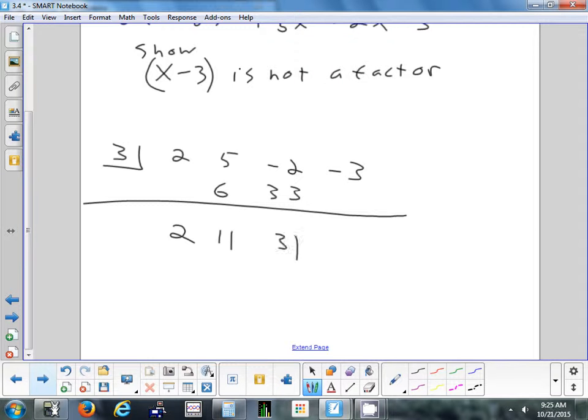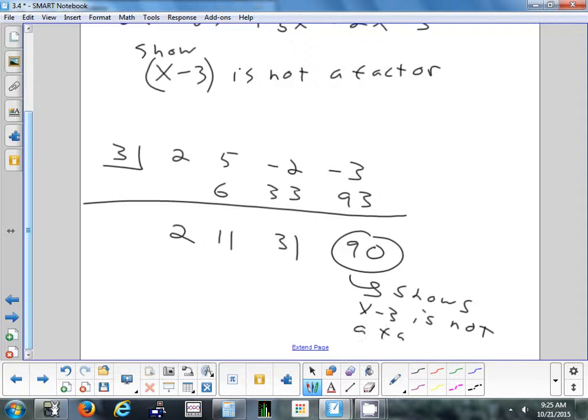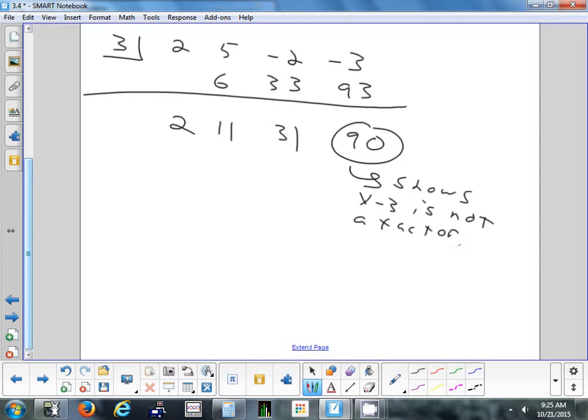Minus 2, 31. 3 times 31 is 93. Minus 3, 90. I got a remainder of 90. Okay. This shows, what was it? X minus 3 is not a factor. So 3 is not a root.